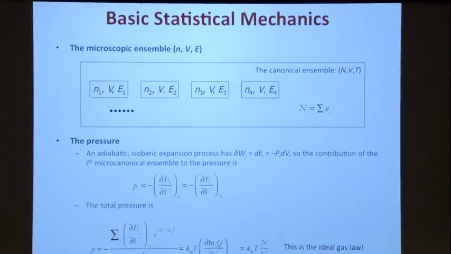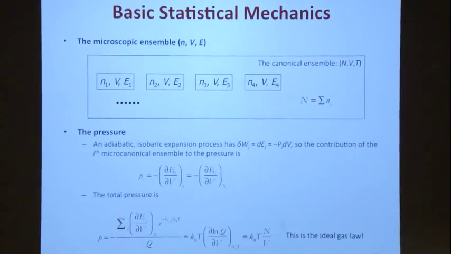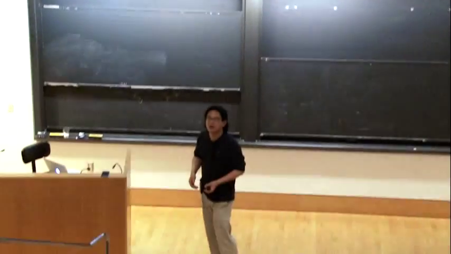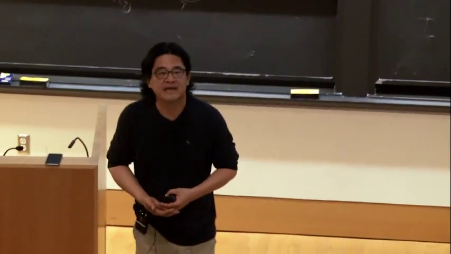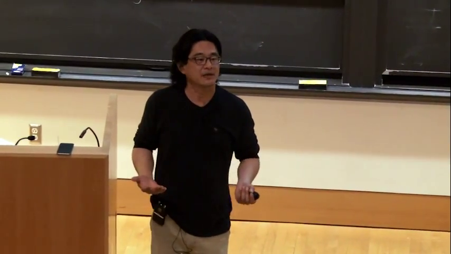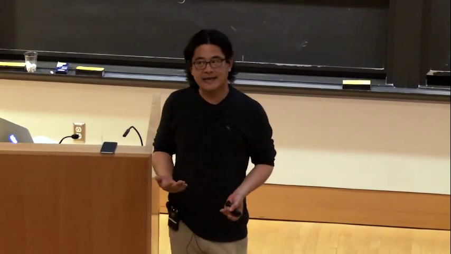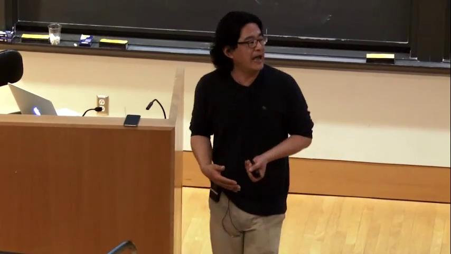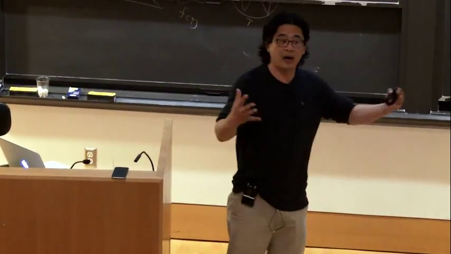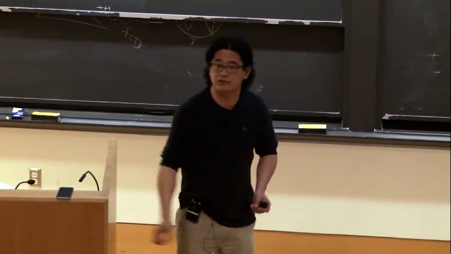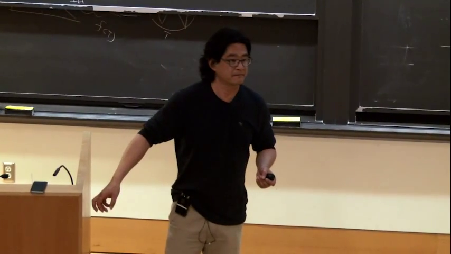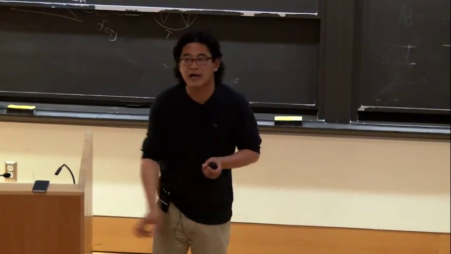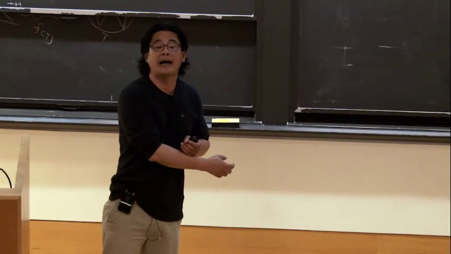Pressure, by physics definition, Newtonian mechanics definition, is what? Time rate of change of momentum, correct? And in a gas, this is basically measured as: I have a surface, and I have molecules in a room constantly striking the surface, many of them. Each time a molecule strikes the surface, it bounces back.